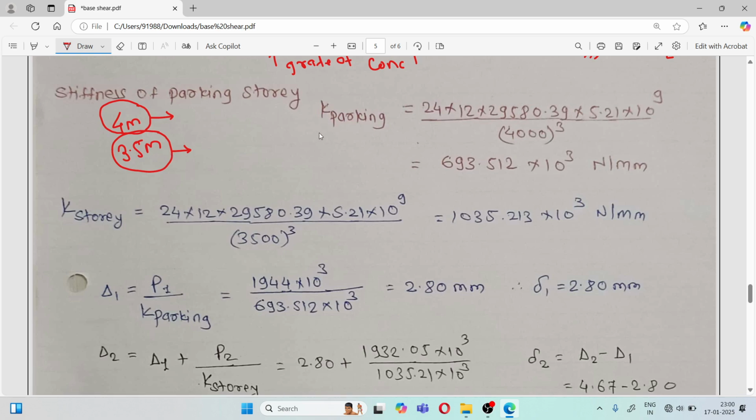Okay. So parking story stiffness, this is 12, this is E, this is I, this is the length which we have put in millimeter. So 12 upon L cube is the formula. So what is this 24? This 24 is nothing but the number of columns.